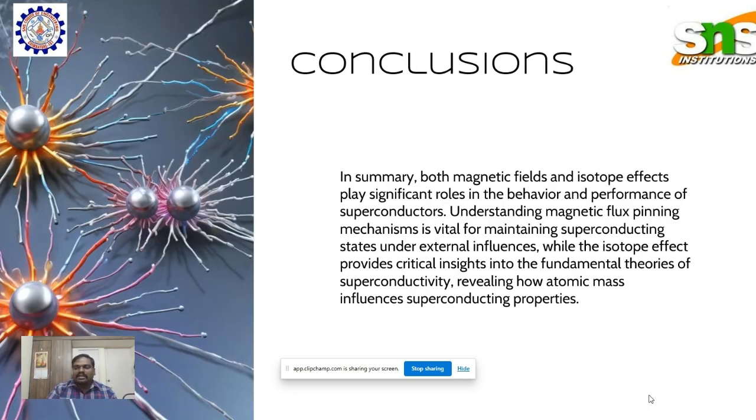In conclusion, BCS theory says superconductivity arises when electrons form pairs via vibrations in the atomic lattice called phonons. Heavier isotopes vibrate slower, weakening the electron pairing and thus lowering the critical temperature. So a magnetic field can suppress superconductivity but also enable powerful technologies, and changing atomic masses reveals the deep quantum nature of how superconductors work.